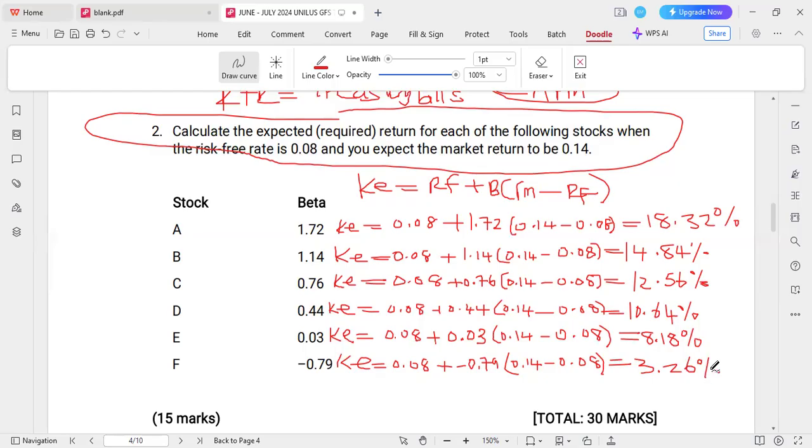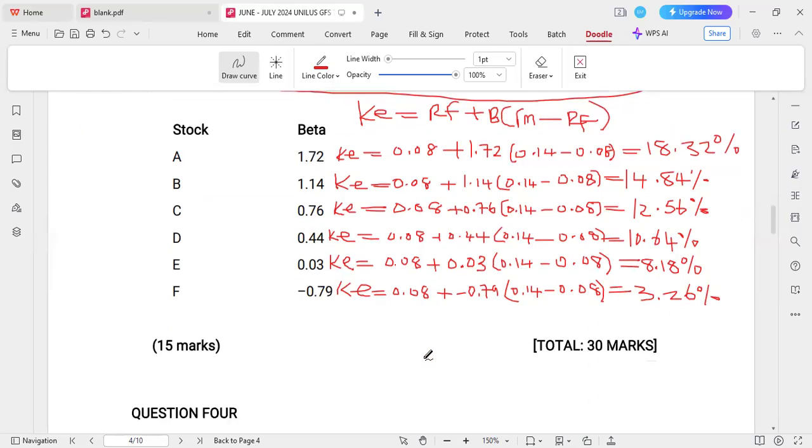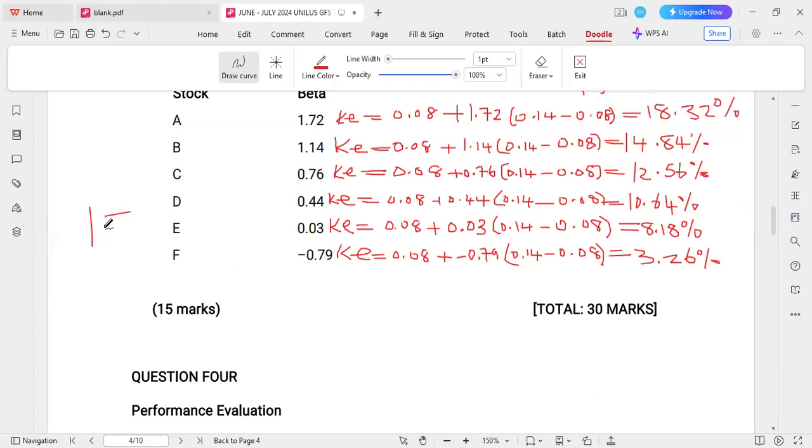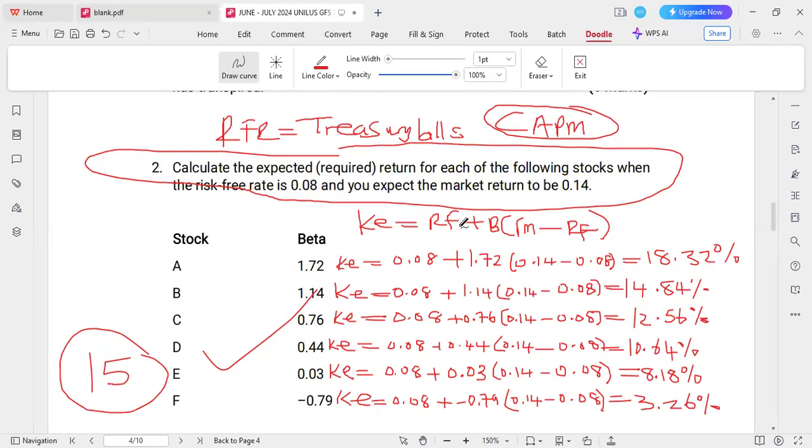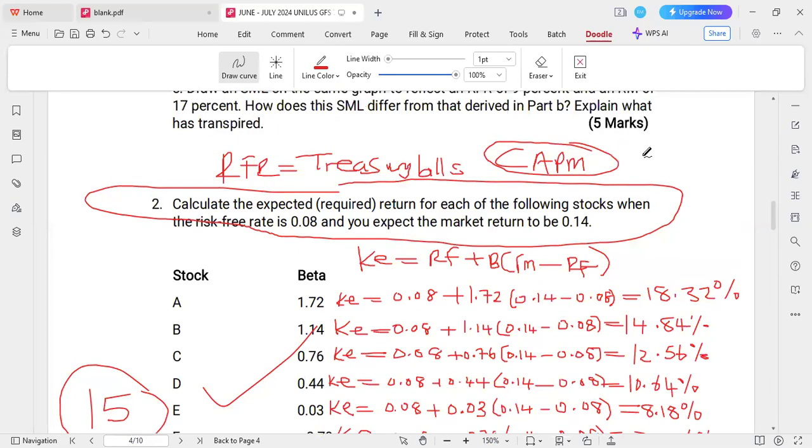3.26%. So here we are also getting down to our 15 marks for this one, for calculating using the capital asset pricing model.